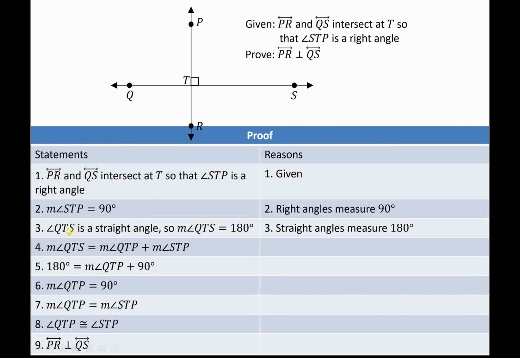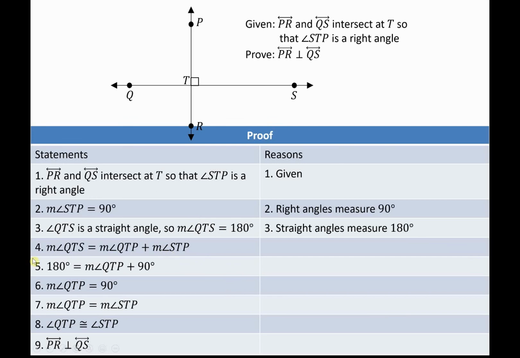So any points that lie on a line can be recategorized as a straight angle. And straight angles always measure 180 degrees. So you are using kind of the definition of straight angles in two separate ways in order to justify this statement, okay? Great, so hopefully that makes sense and is good.